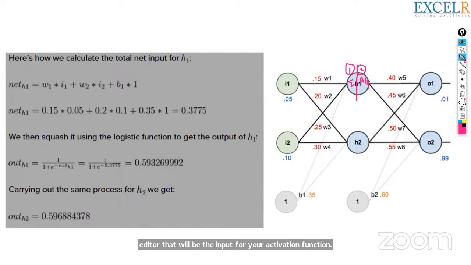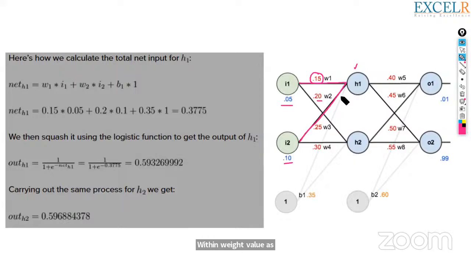So let's see, guys, what will be the output of the adder function for node H1. If you see for node H1, how many inputs are there? This is the first input. And what is the value of this input? 0.05 with a weight value 0.15. This is the second input node H1 is getting. And what is the input value? 0.10 with a weight value of 0.20, right? And there is a bias value for this node H1, which is 0.35.